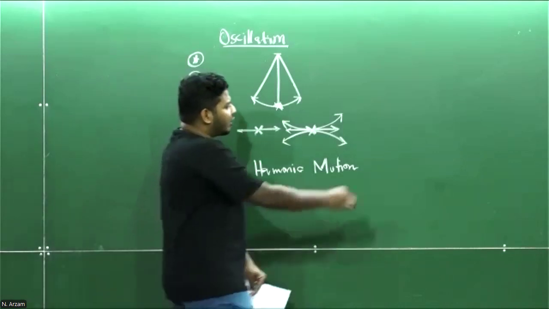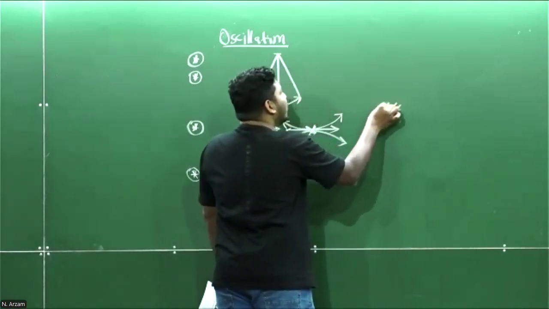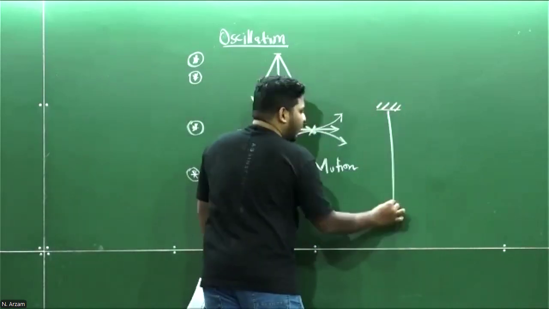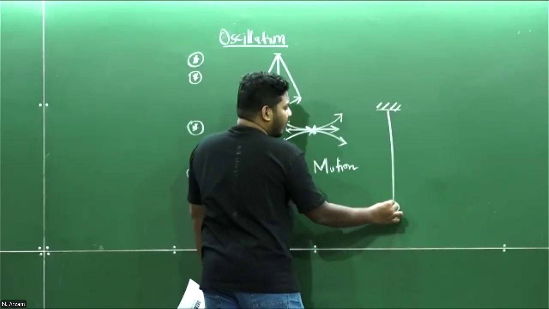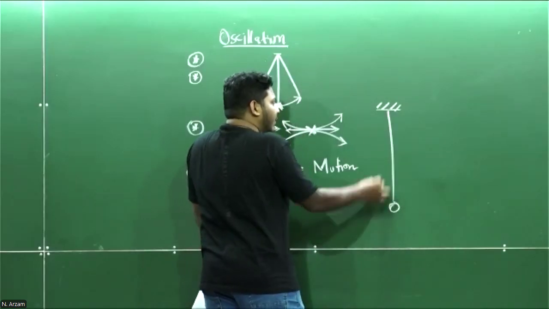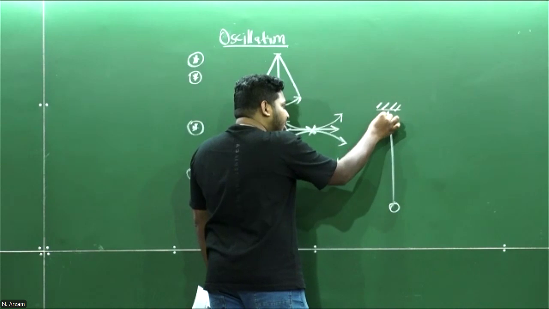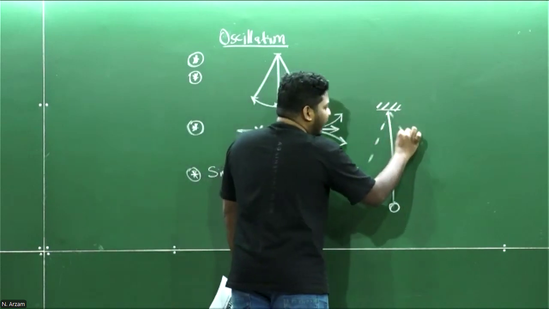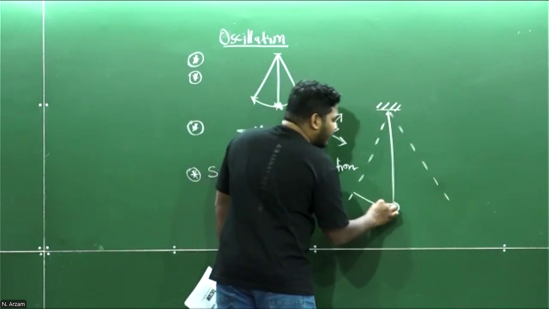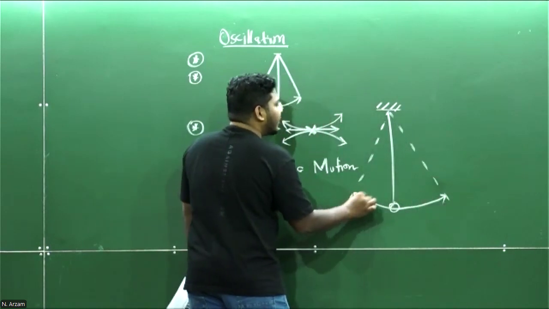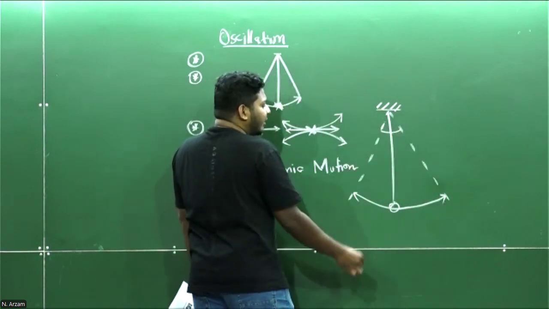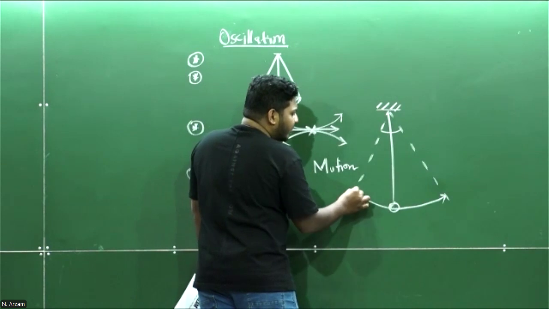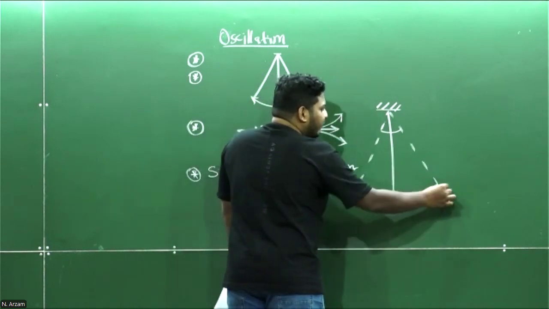If this is the bob of a simple pendulum, and we oscillate it within a big angle like this, the path looks like this. This is a curved path.